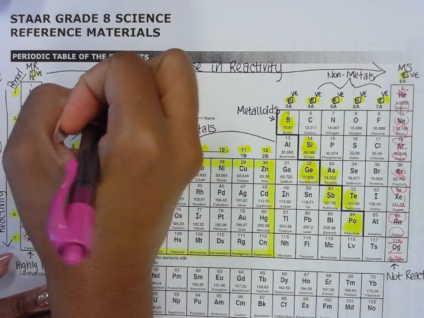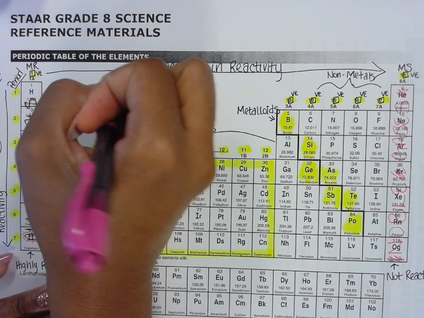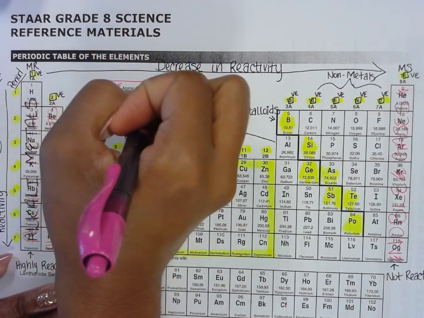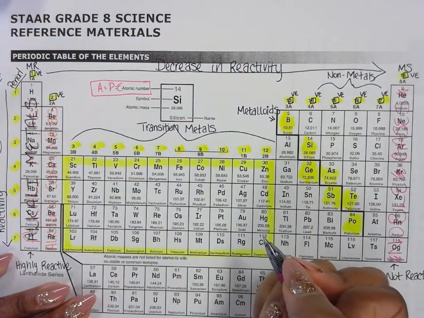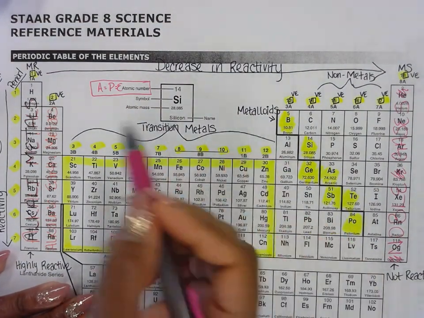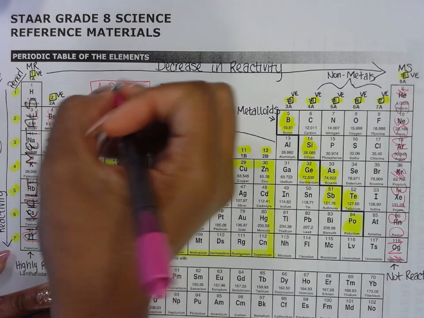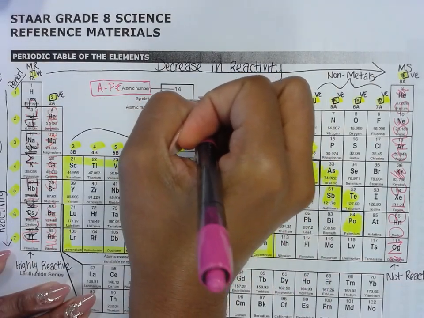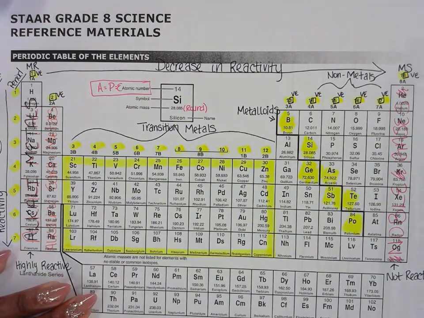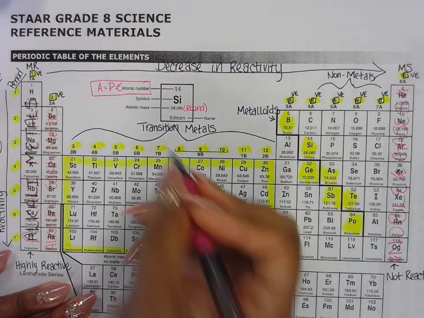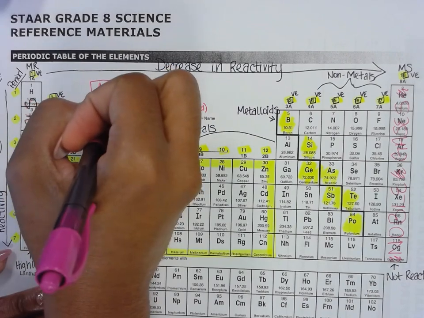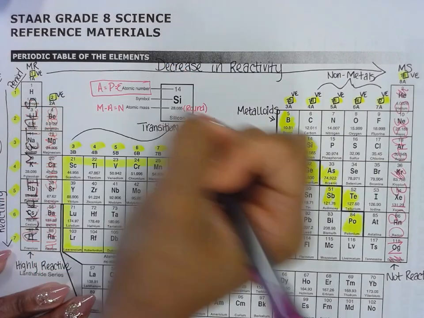Remember A equals P equals E. Atomic mass. Remember to round it. And this is where I use man. M minus A equals N.